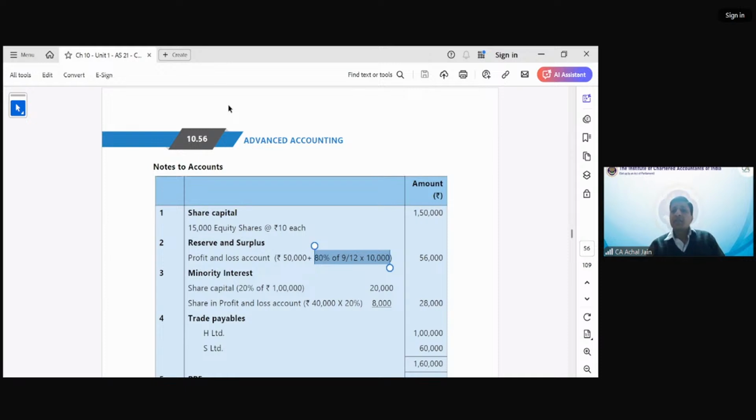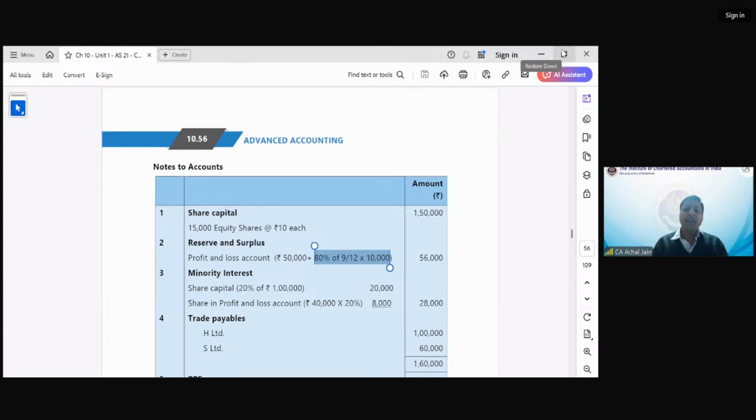So I think Dilip has solved this. Preeti is asking, sir, if the date of acquisition is given, for suppose 15th of July, then we'll calculate this up to 15th of July. Yes. See, proportionately, this is the only way you can compute unless the question specifies that up to the date of acquisition, this is the amount of profit, and after the date of acquisition, this is the amount of profit.